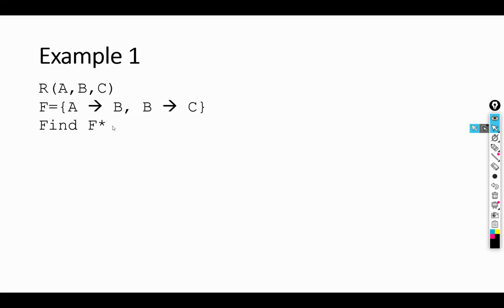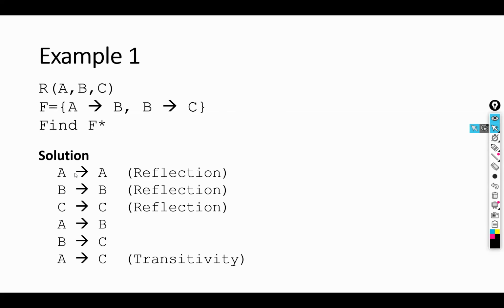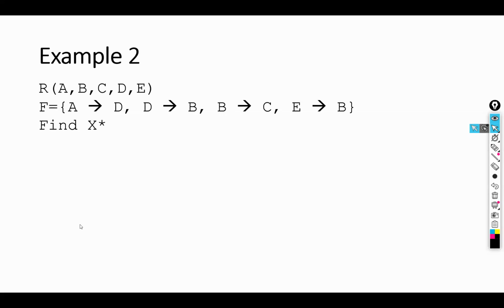A determines B, B determines C, therefore A determines C also. And of course A determines A, B determines B, and C determines C. If you list down all the dependencies, that is called F closure. X closure is for a given value, what are the things that it determines?